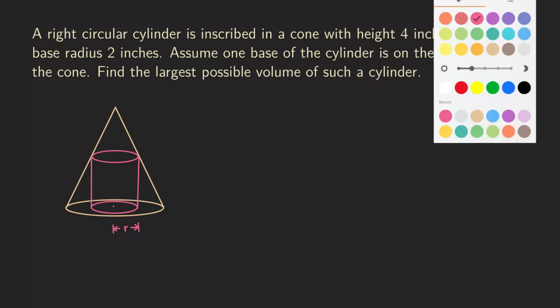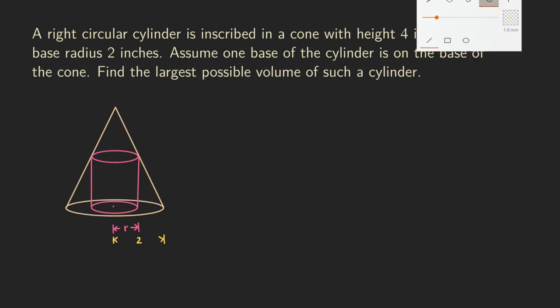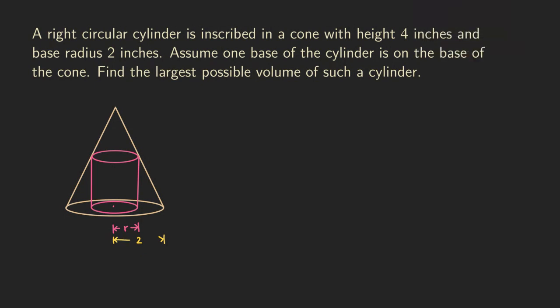So we also should label that. And let me just label that in a different color right here. And then the base radius for the cone is going to be 2. That's given in the problem. So let me just label that right here. Okay, so far so good.